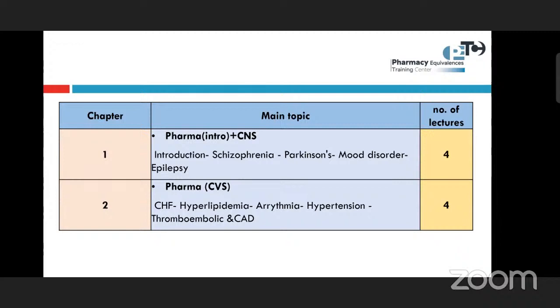Then the second chapter will be on the CVS, cardiovascular system, also composed of 4 lectures: congestive heart failure, arrhythmia, hypertension, and thromboembolic diseases, and other small topics. We will discuss all drugs related to the cardiovascular system, all their side effects, and how we can deal with any of them to answer any question related to them.